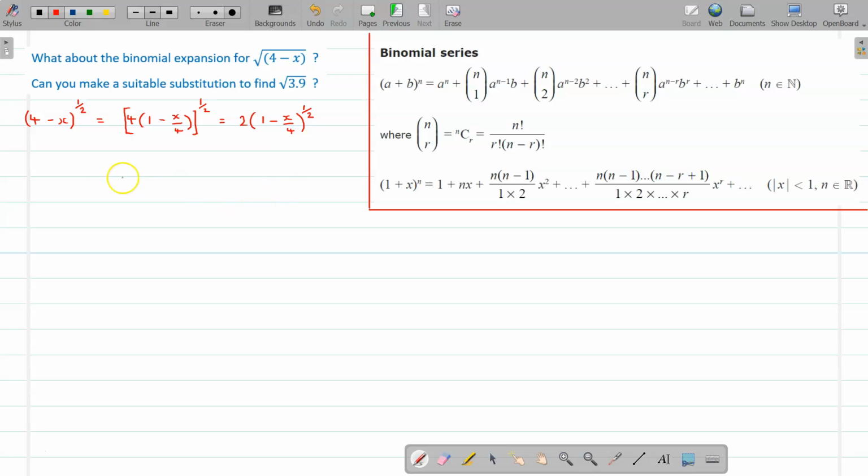Okay? So on the next line, I'm going to write 2, and it's going to be the expansion 1 minus x, where n is a half. So I start in exactly the same way as I did before. 1 plus a half of x. And x, of course, is negative x over 4.